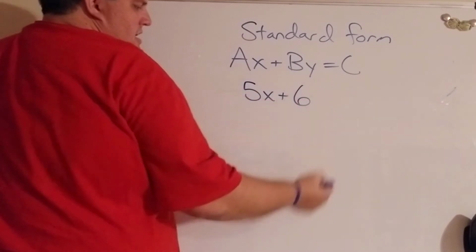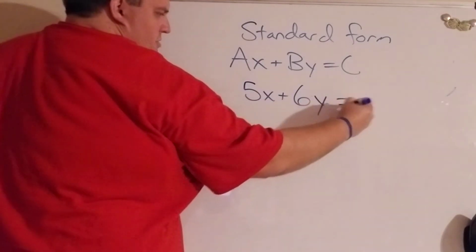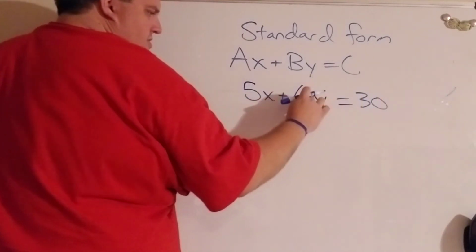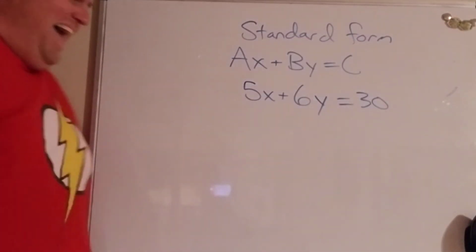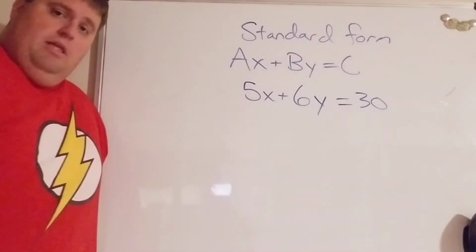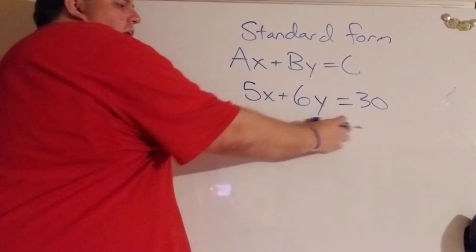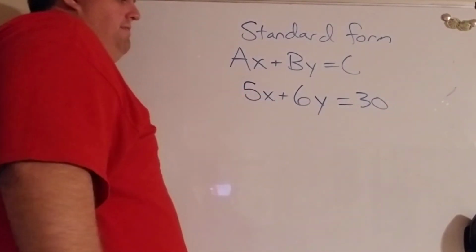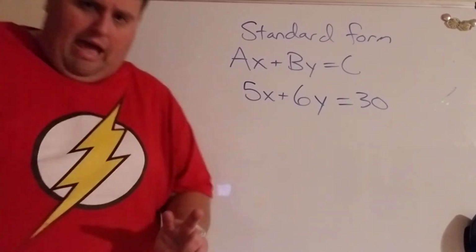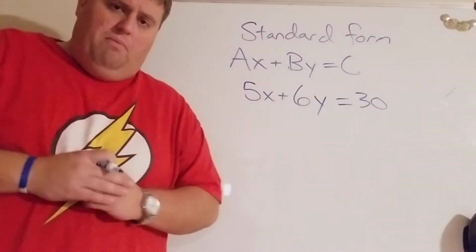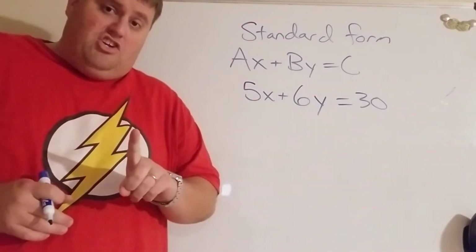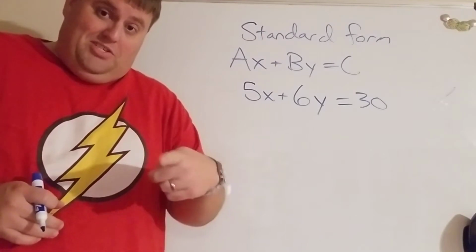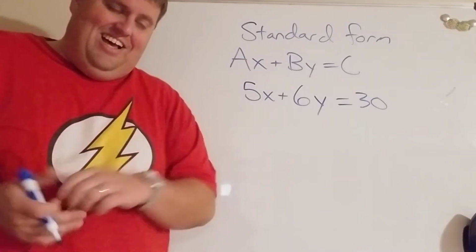But let's say we had 5x plus 6y equals 30, for example. That is standard form because the x and the y are on the same side and the constant's by itself. Now, the two other things that have to be true for this to be in standard form: you can't have fractions in standard form, which some of you probably like a lot.